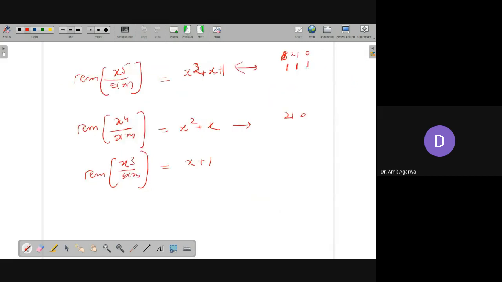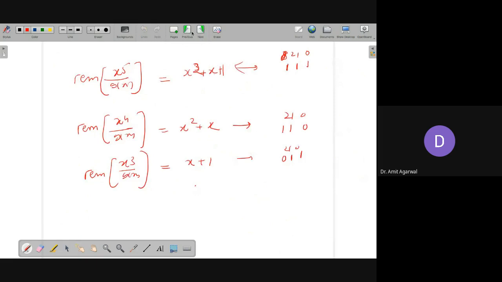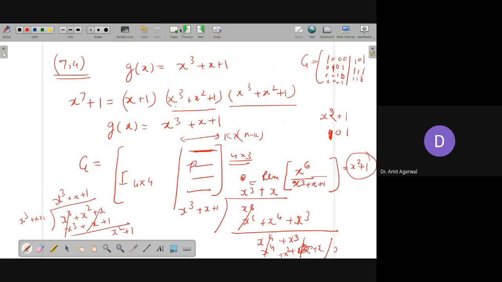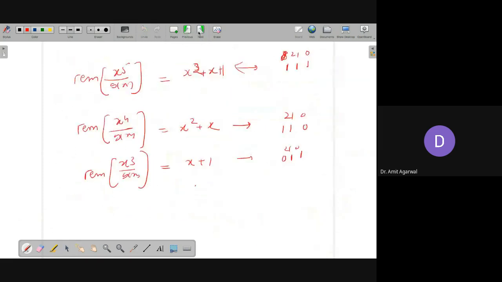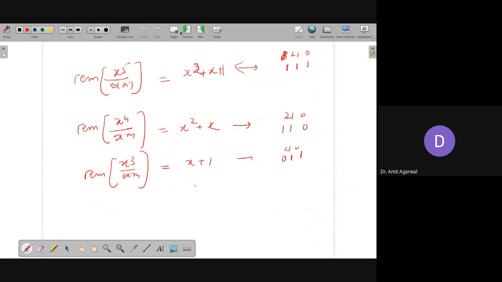Each row is 3 bits long. So now your parity matrix is derived. You have to write 1, 0, 1, then 1, 1, 1, then 1, 1, 0, then 0, 1, 1.